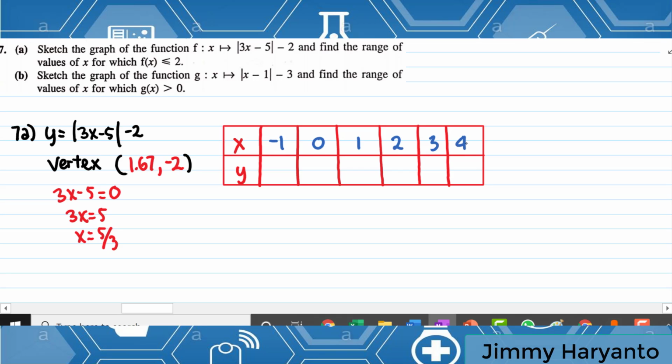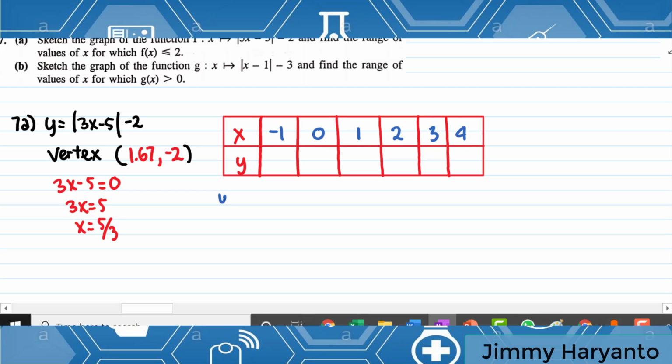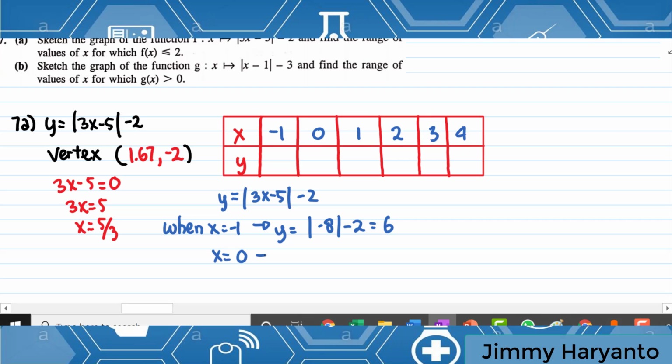Okay, let's calculate the values of y. y equals the absolute value of 3x minus 5, minus 2. So when x equals -1, y will be -3 minus 5 is -8, absolute value 8, minus 2 equals 6. When x equals 0, y will be absolute value of -5 minus 2, 5 minus 2 is 3.